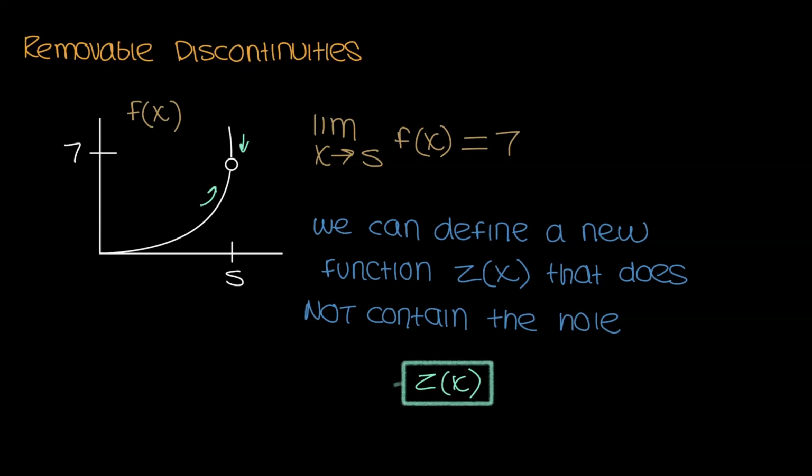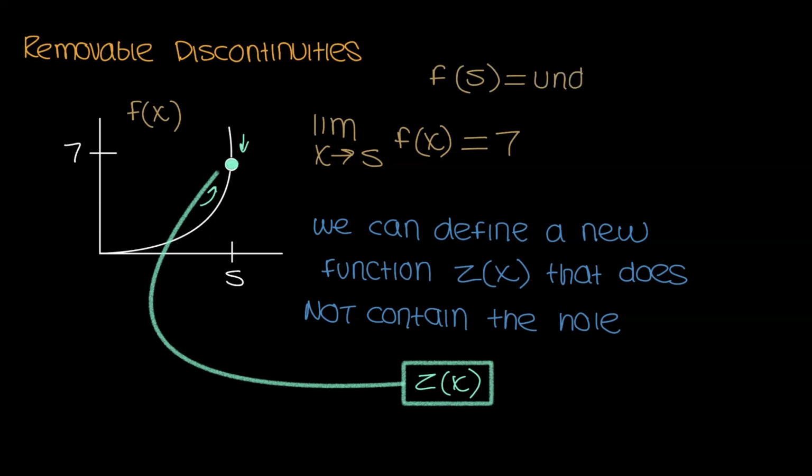This new z of x fills this hole in. Because originally from f of x, remember f of 5 is undefined. My goal is I want z of x to equal 7.